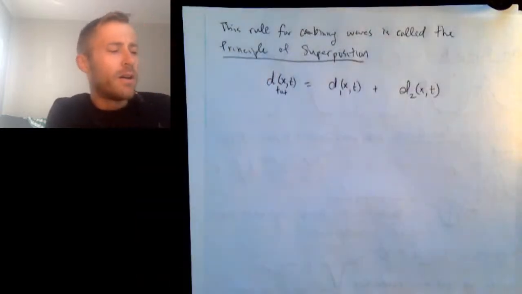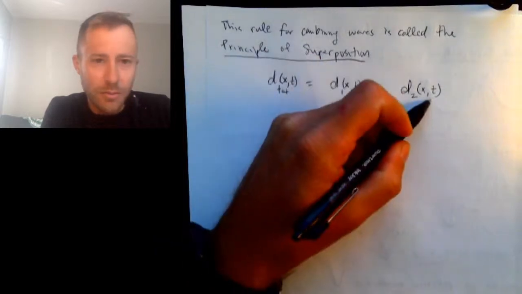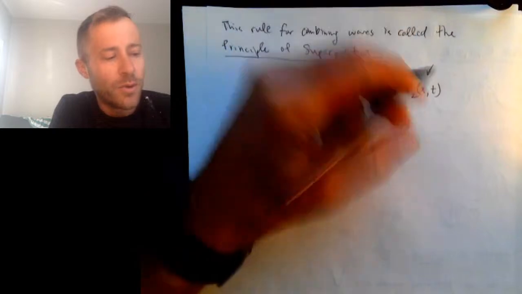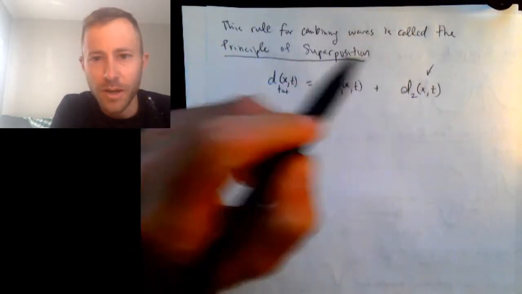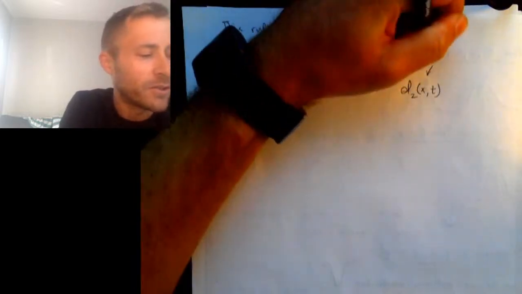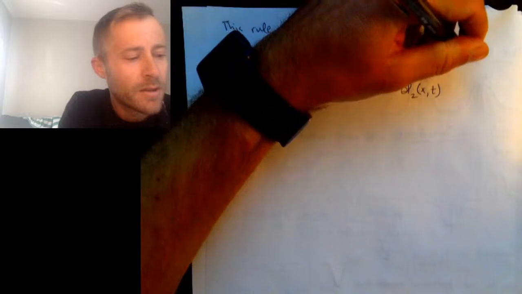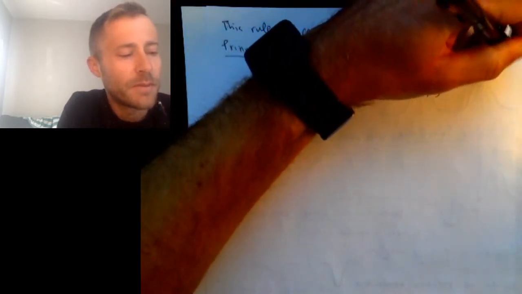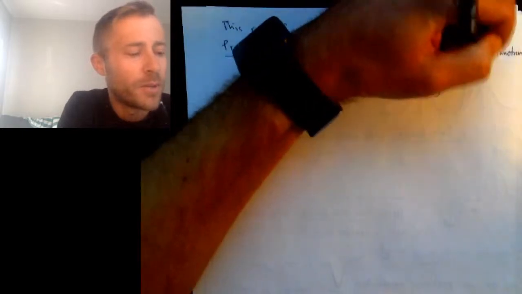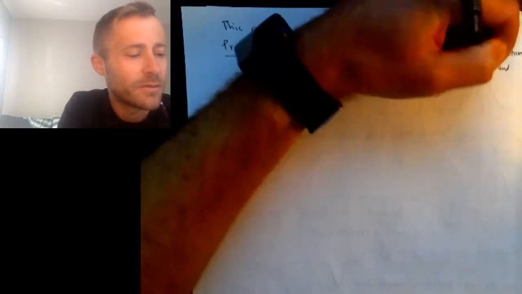This is the notation, and you may or may not have encountered this in math before. If you have, instead of just one variable, two variables separated by a comma, this means that the displacement is a function of position and time.